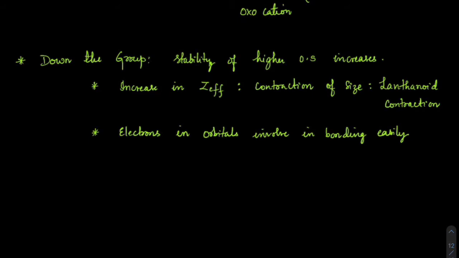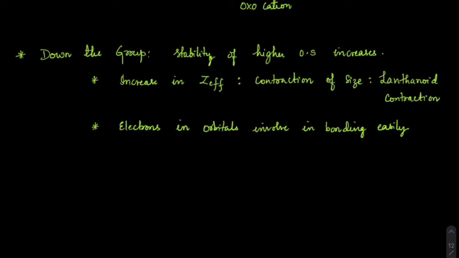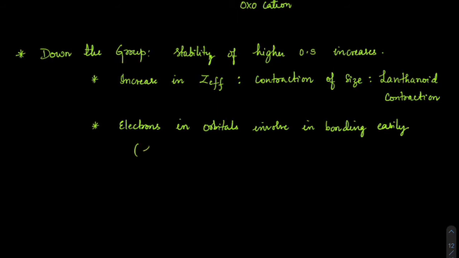If you have a greater number of electrons within a small vicinity, they will have more repulsions. So instead of staying repelled within the atom, they would rather be involved in bonding. That's how they get more stability. So more electrons involved, hence more stability.